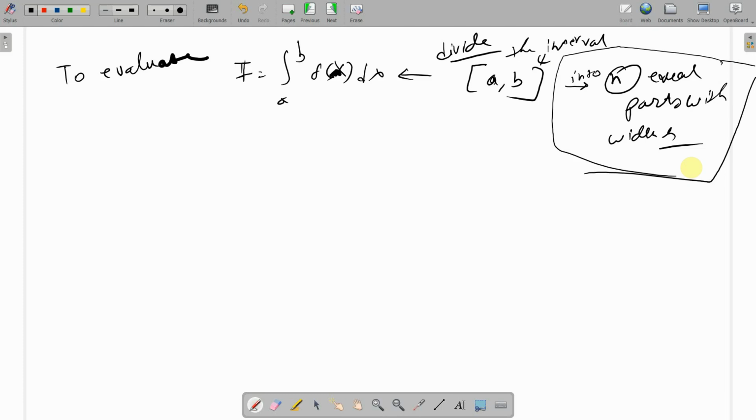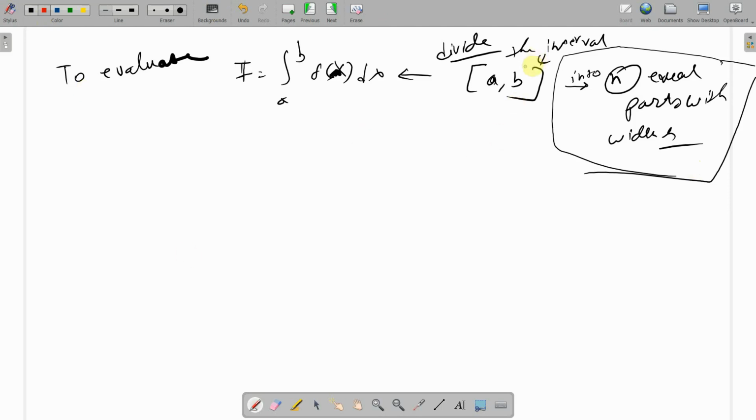The formulas required for those 3 methods can be derived easily using this Newton-Cotes quadrature formula. So you have to understand this one very carefully.